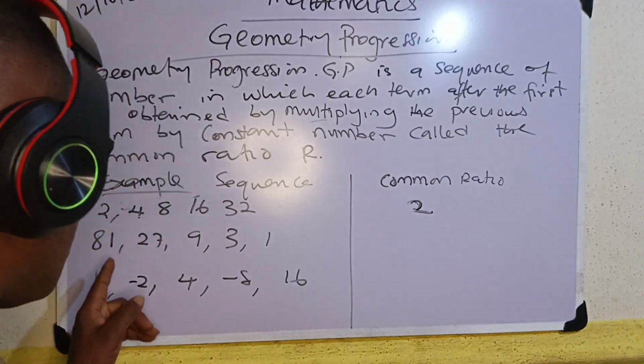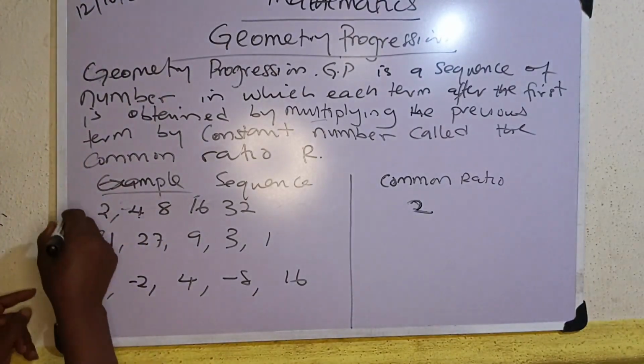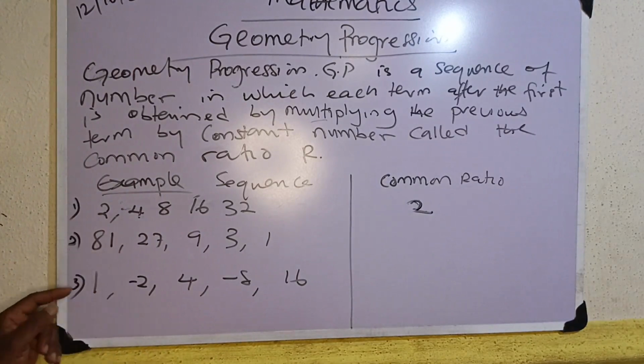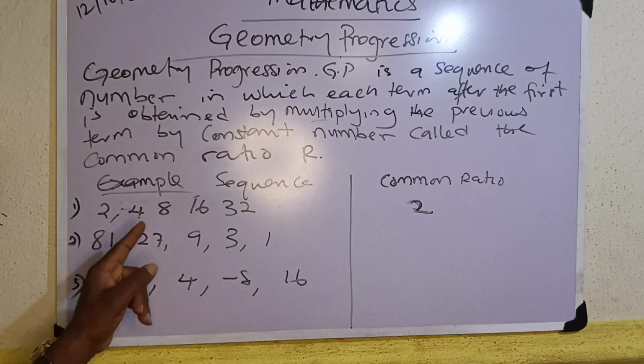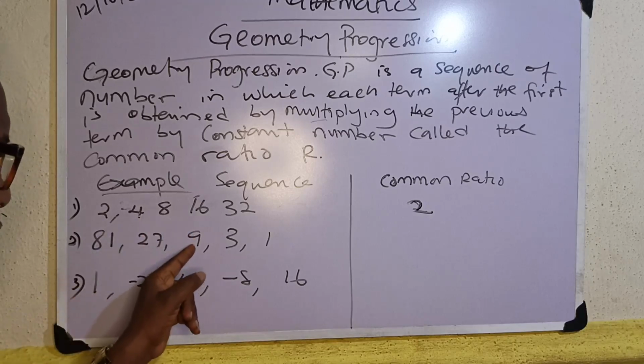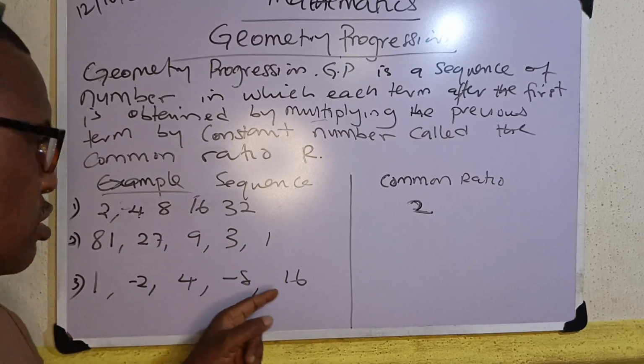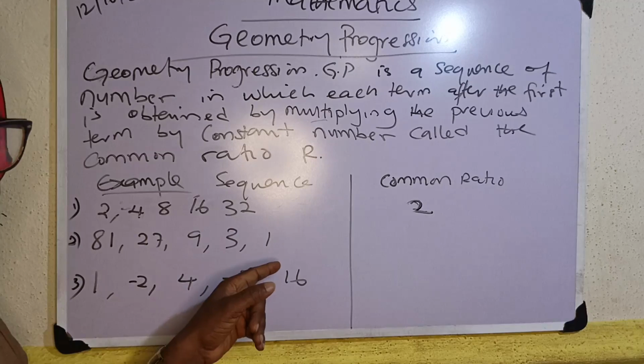Alright. Now, we have another set of numbers. This was example 1, and this is series 2. Now, this other one: 81, 27, 9, 3, and 1. So this one is descending, while the other was ascending.